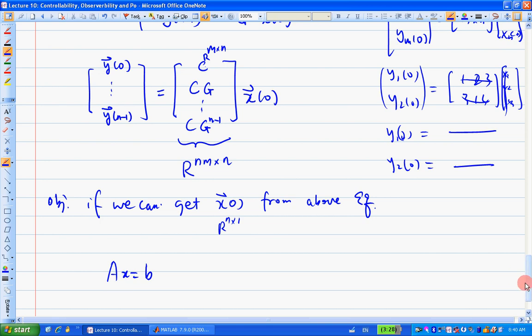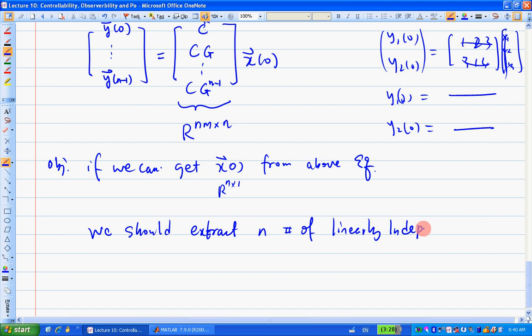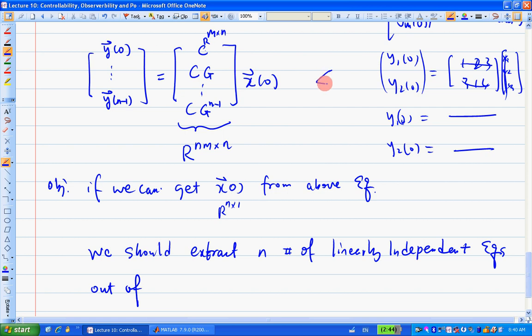So the whole idea, the objective, is that we should extract n number of linearly independent equations out of this star here.